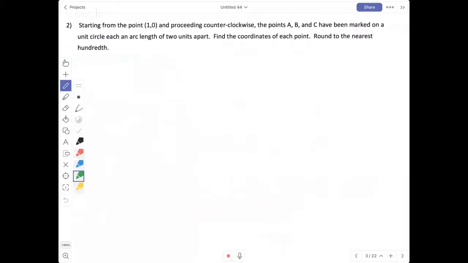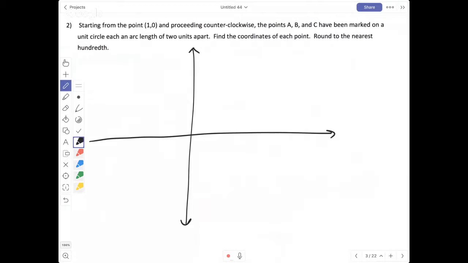Okie doke. Starting from the point (1, 0), on the x-axis and y-axis, and proceeding counterclockwise. The points A, B, and C have been marked on a unit circle, each an arc length of 2 units apart.